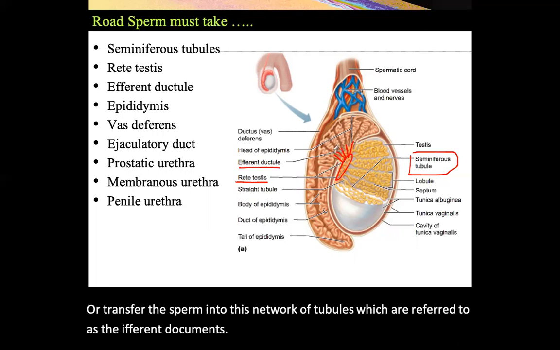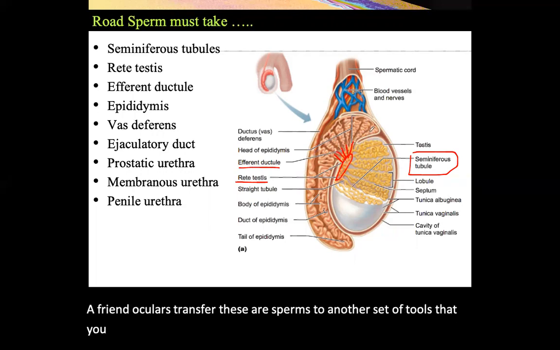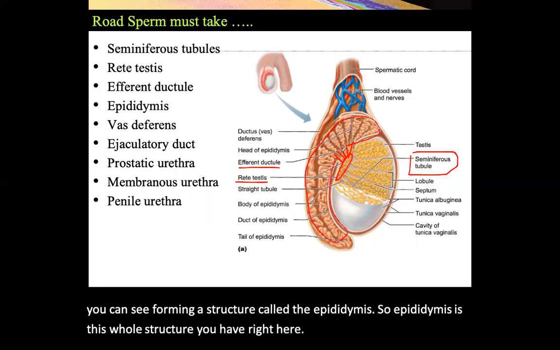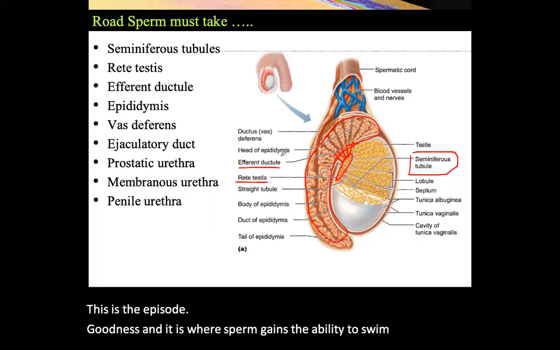Efferent ductules transfer these sperm to another set of tubules that you can see, forming a structure called the epididymis. So the epididymis is this whole structure you have right here, and it is where sperm gains the ability to swim and fertilize an egg.